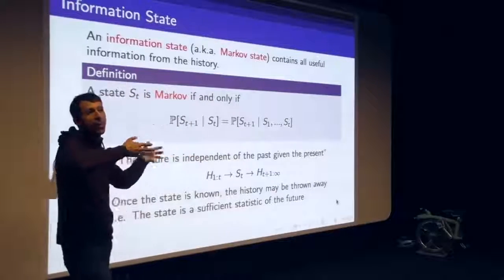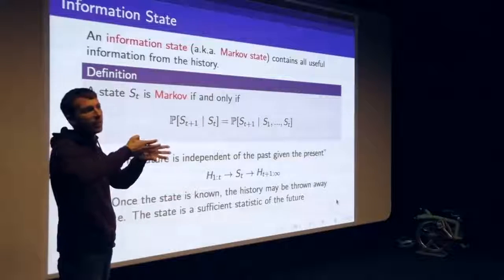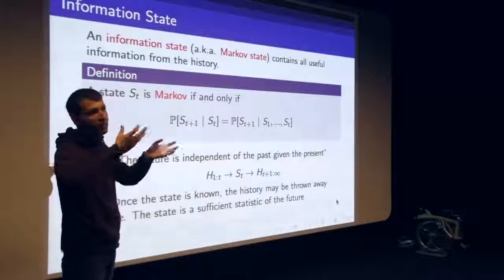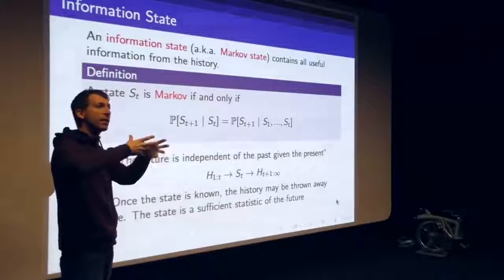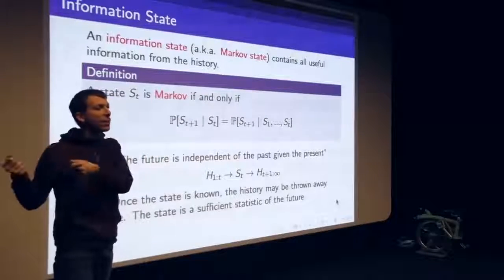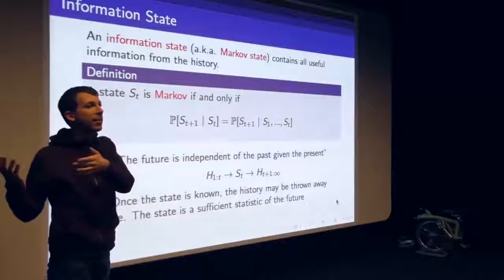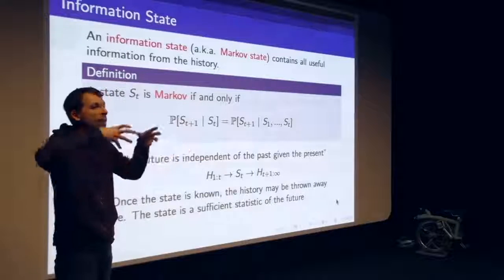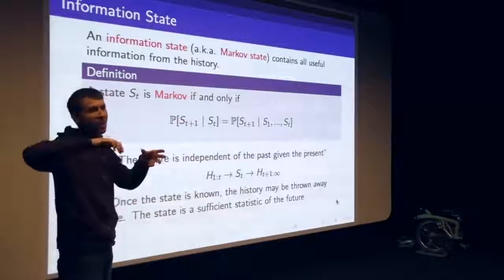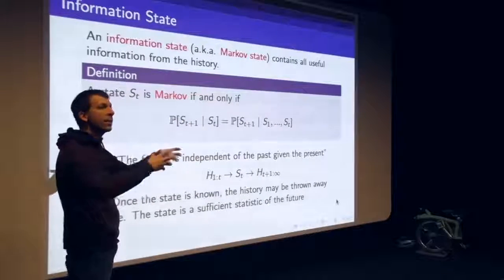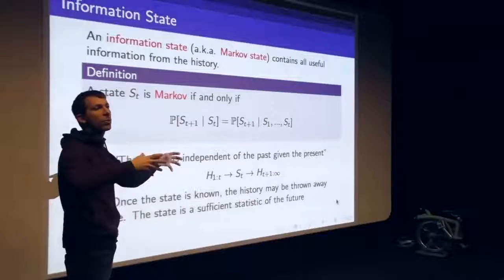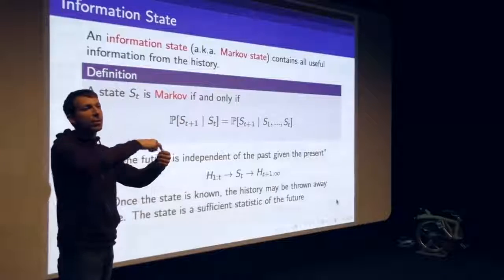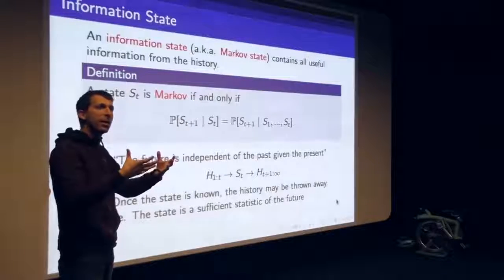Maybe you need to know the wind direction and things like that as well. But if you know all of those things, it doesn't matter what the position of the helicopter was 10 minutes ago. That doesn't make any difference to where the helicopter will be at the next moment. All that matters is where it is now, and the wind direction, and that will fully determine what will happen to the helicopter at the next moment.